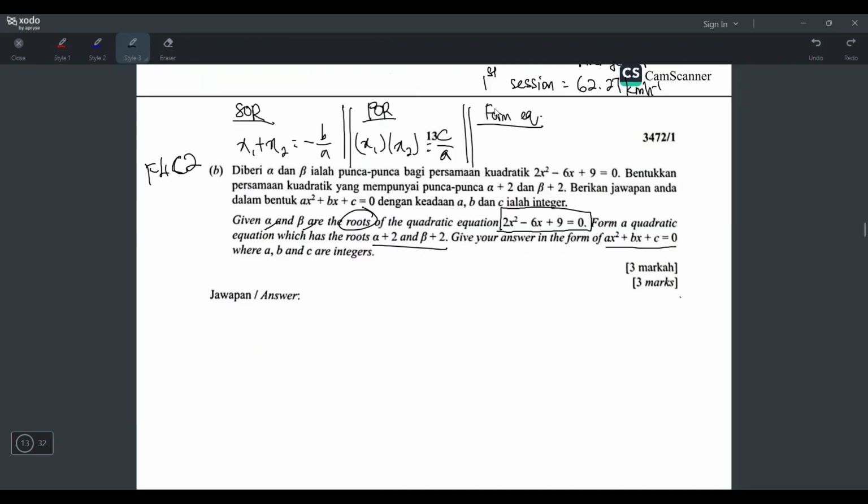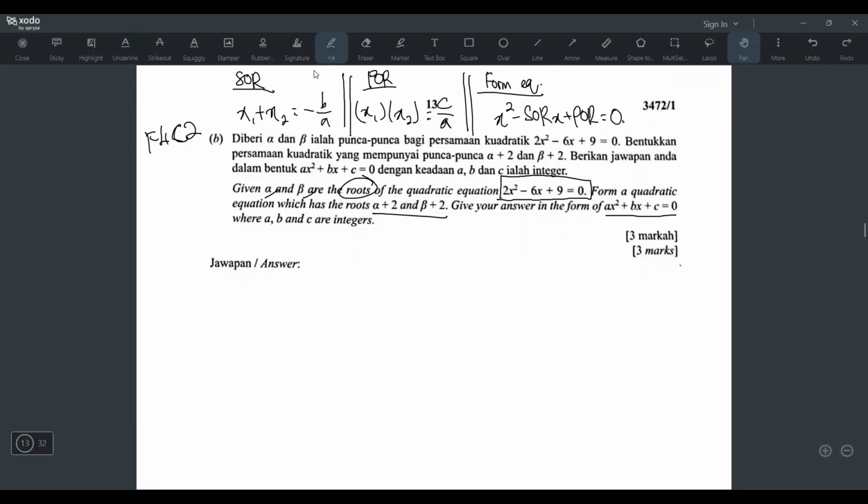When you want to form a new equation, the equation will always be x squared minus the SOR value, x plus the POR equals 0. Every time you get a general form, this one is actually the SOR, this one is actually the POR. But you have to be careful here because this one has a negative, and also the A is 1. You have to know that.